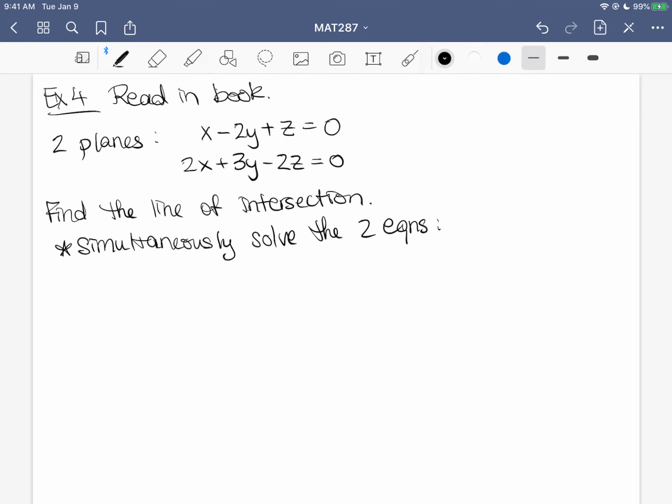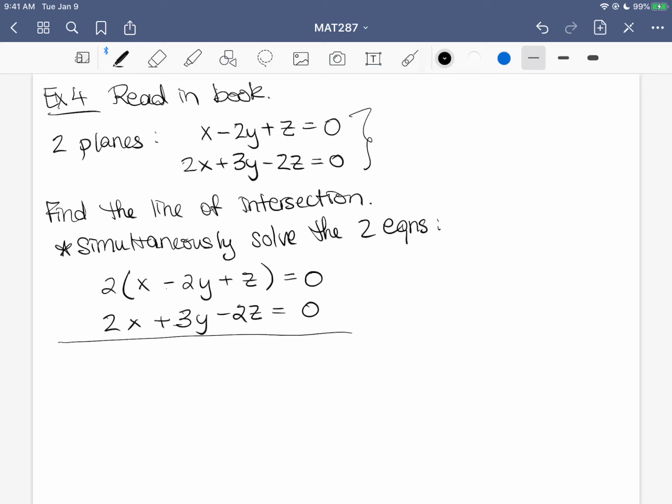Now I've already got them lined up here. And so you might notice if I were to multiply, say, the top by 2 and add the two equations together, that would at least eliminate the z variable. So let's do that. So I get 2 times the quantity x minus 2y plus z equals 0, and 2x plus 3y minus 2z equals 0.